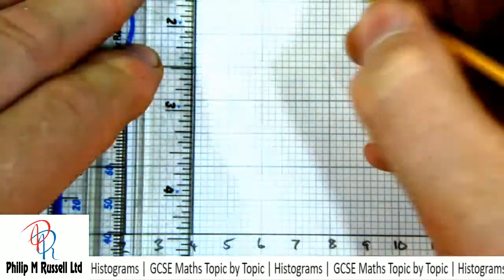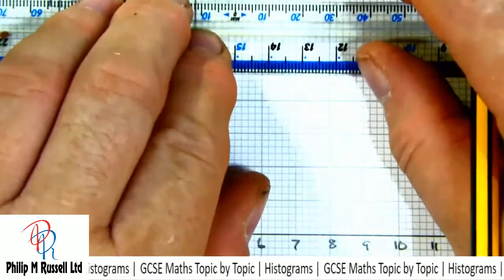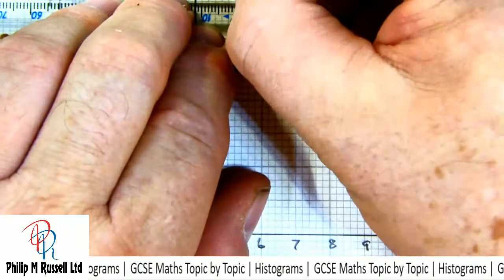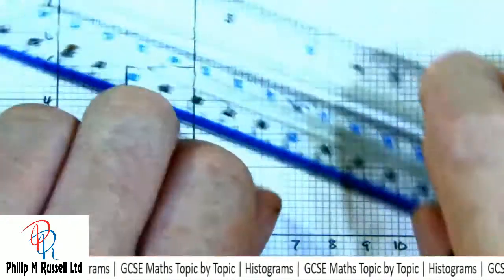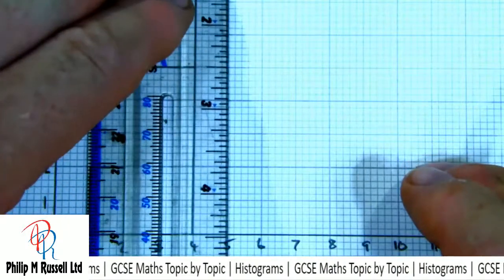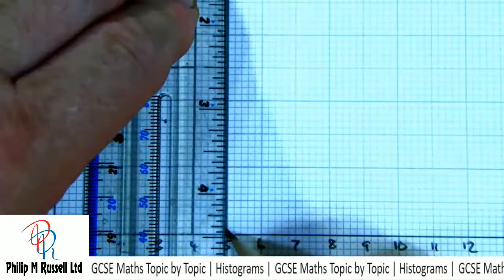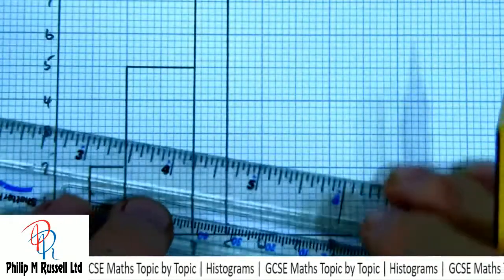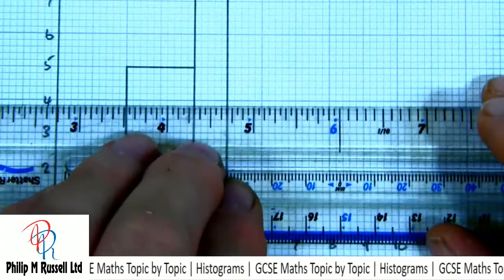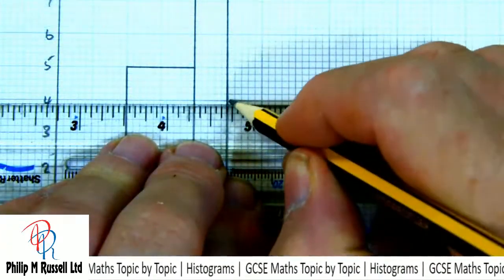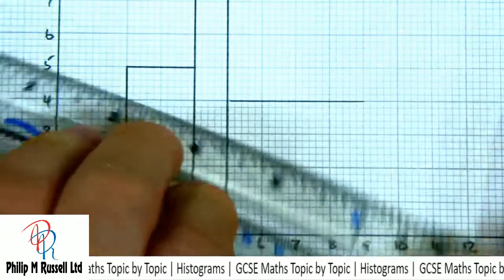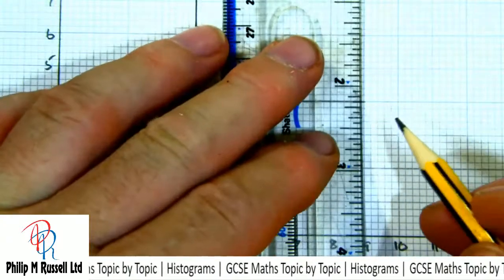We don't have to have all our class widths exactly the same. I can't imagine why anyone would try to have data looking like this, but ours is not to do that. Ours is just to try and work out the data on a histogram.